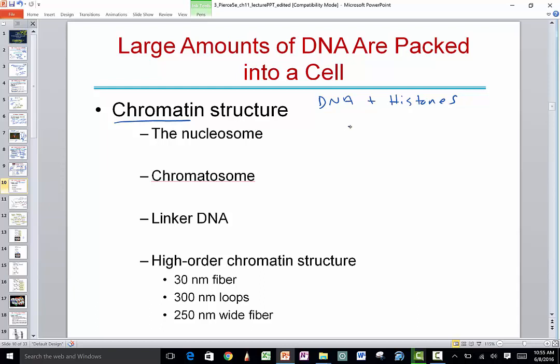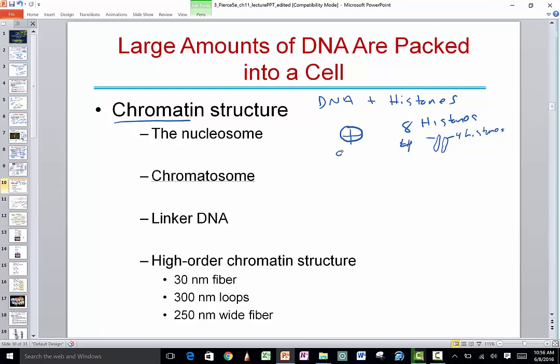So the nucleosome has 8 histones, and we can think of it as drawn like this, where there's 4 histones, and then there's actually 2 of these structures, and it's kind of like a yo-yo. If you look at it from the side, we've got one loop like this, and one loop like this. We've got 4 histones here, and 4 histones here.